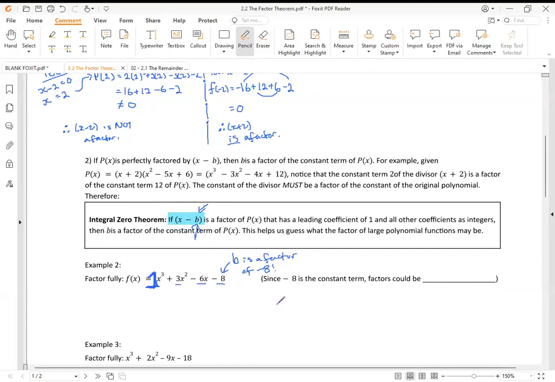What do I mean by that? I'll demonstrate. Give me the numbers that multiply to negative 8, including plus and minus.